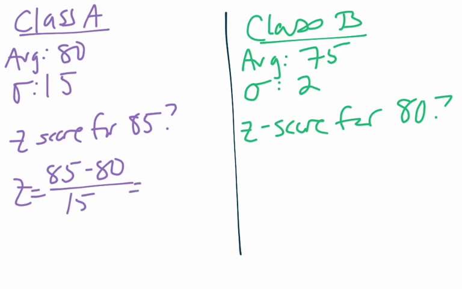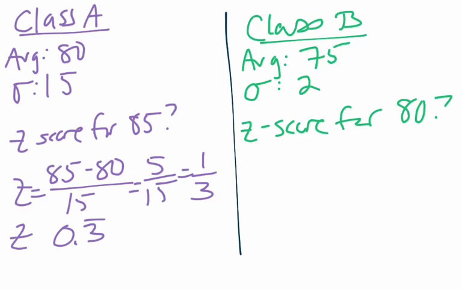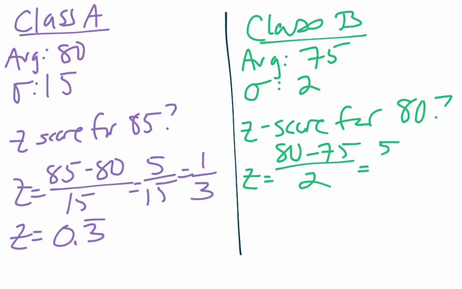So it would be 5 over 15, which is 1/3 or 0.3 repeating. Okay? And then this student over here has an 80, and so this would be 80 minus 75 divided by 2, make sure I do that right, yep, which is 5 over 2 or 2.5.